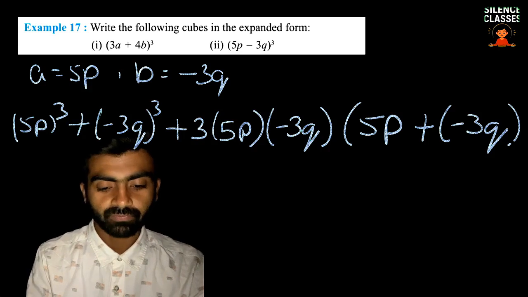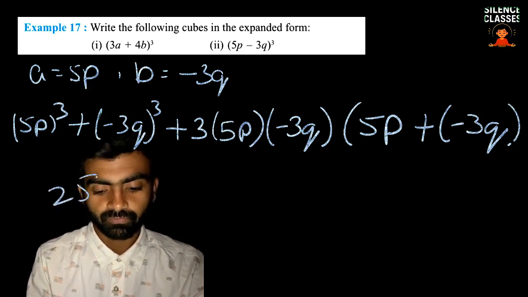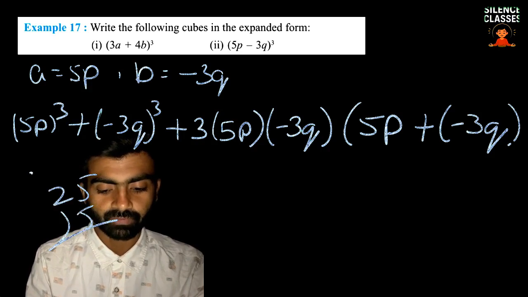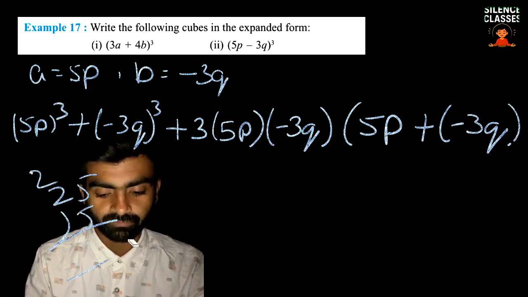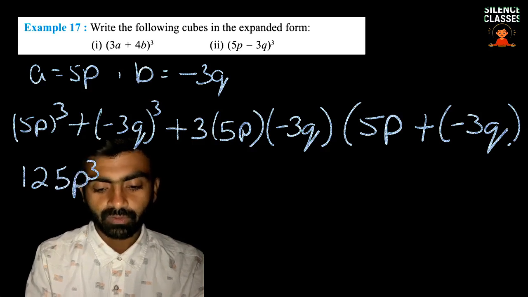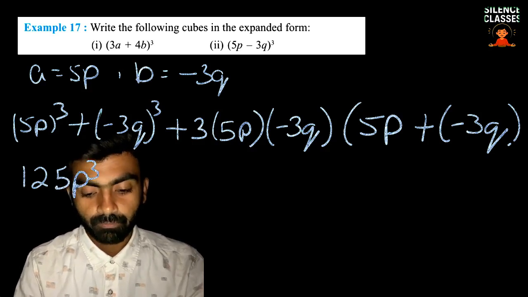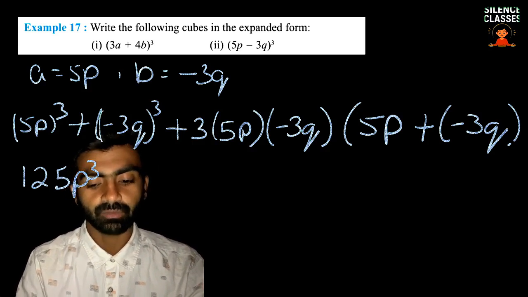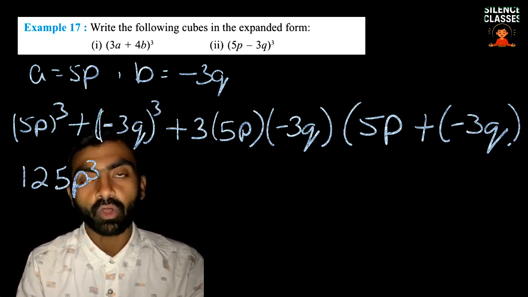5 5s are 25 and 25 5s are 125. So we will get 125 p cube. Now minus sign will be there because there is an odd number.